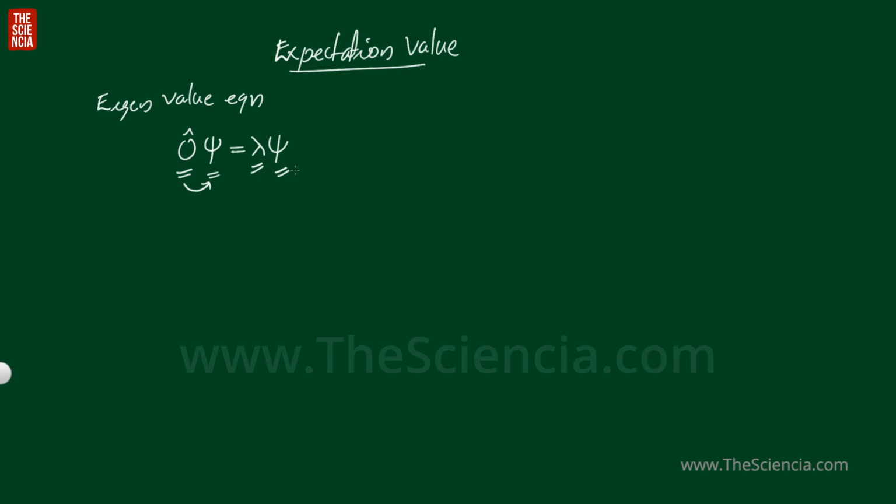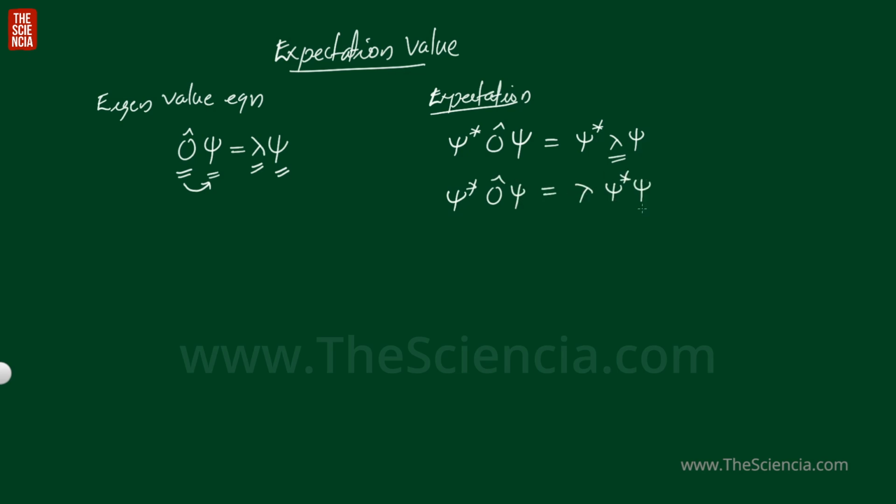And this expectation value is defined as follows. We multiply this eigenvalue equation once again with the conjugate wave function, that is psi star operator psi equal to psi star lambda psi, where lambda is a scalar quantity. Okay, so we can take it outside, that is psi star operator psi will be equal to lambda psi star psi.